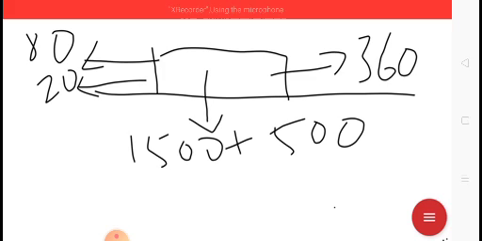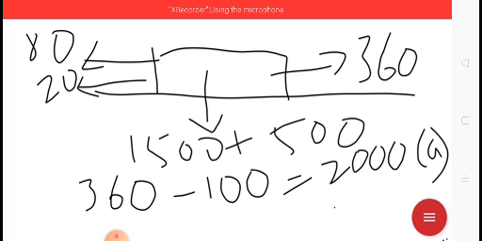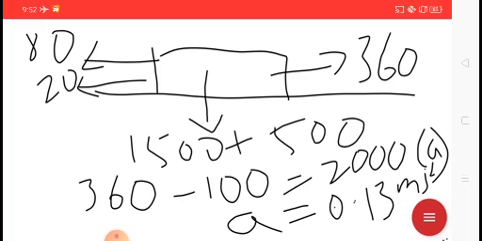So when you have these, you can consider this as a total system. So you have 360 minus 100 is equal to 2000A. So by solving this, you will get A equal to 0.13. This is a similar solution to the previous part.